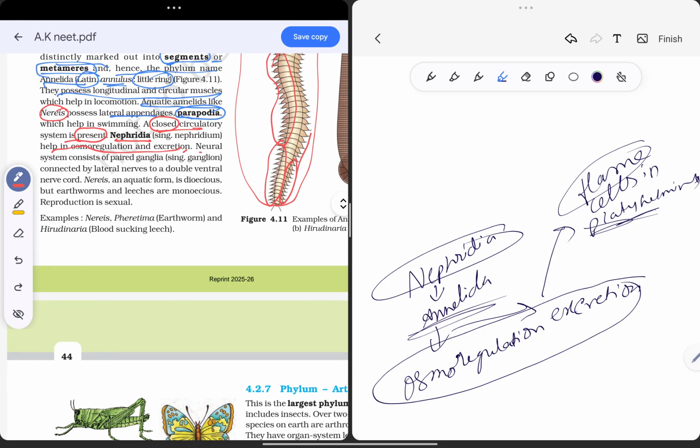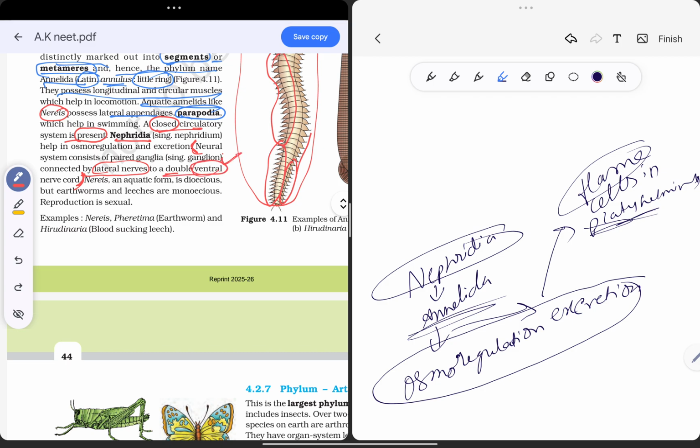Next, the neural system consists of paired ganglia. Paired ganglia are present in the neural system, connected by the lateral nerves to the double ventral nerve cord. It's a very important line which you should remember. From here to here, you should remember this line, that these lateral nerves are connected not to the dorsal but to the ventral.